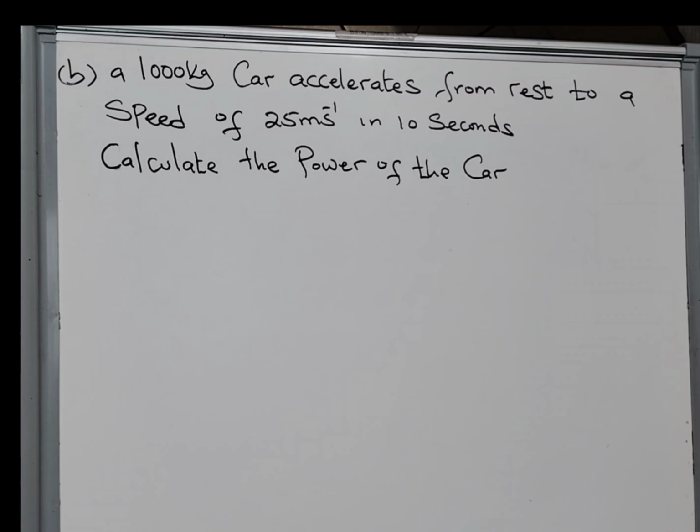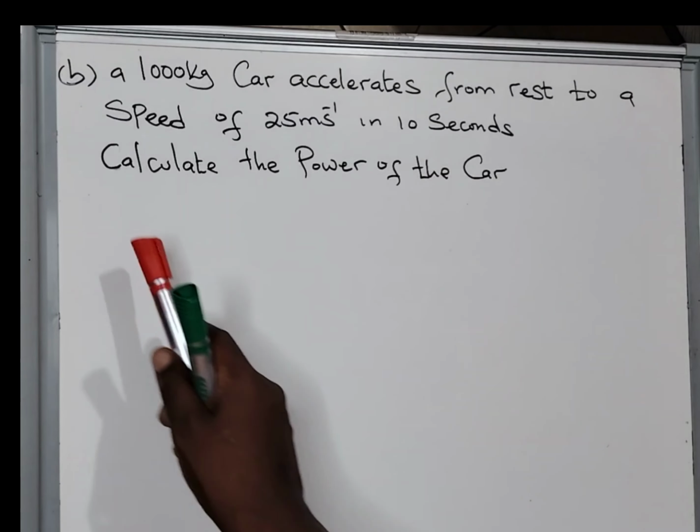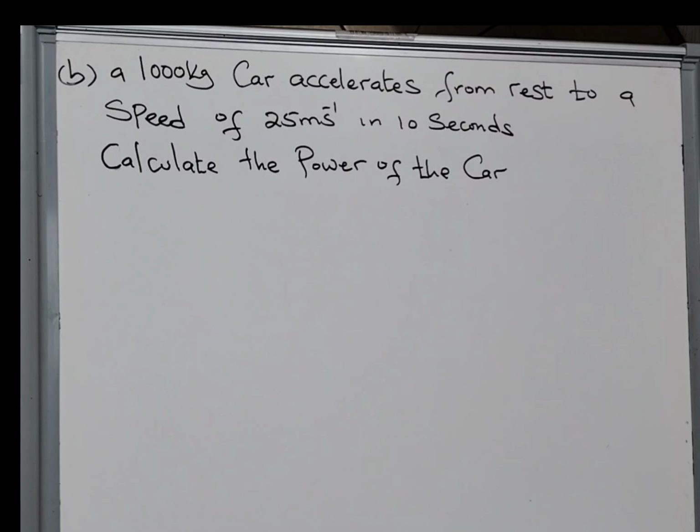Yeah, so comes this question. It says that a 1,000 kg car accelerates from rest to a speed of 25 meters per second in 10 seconds. The question says, calculate the power of the car. So when you look at this question, look at what is given.